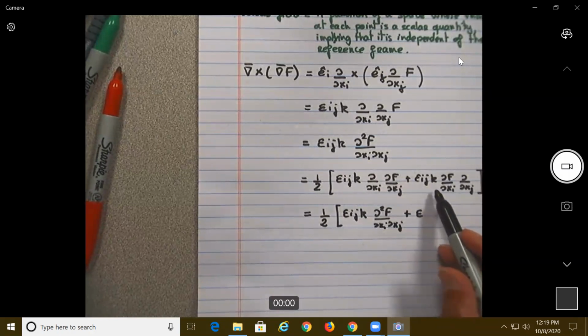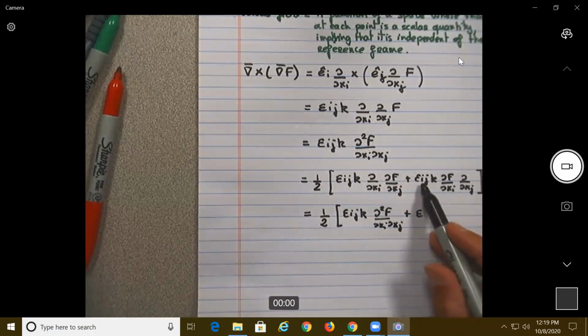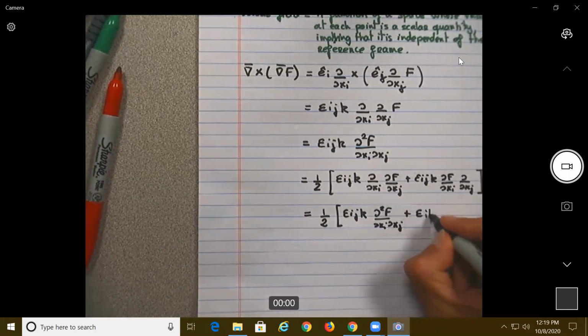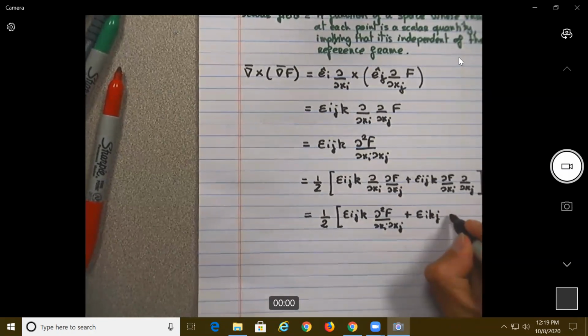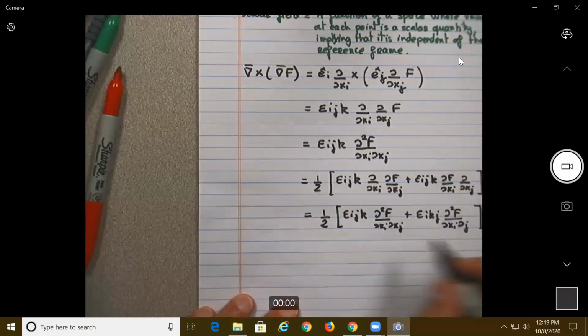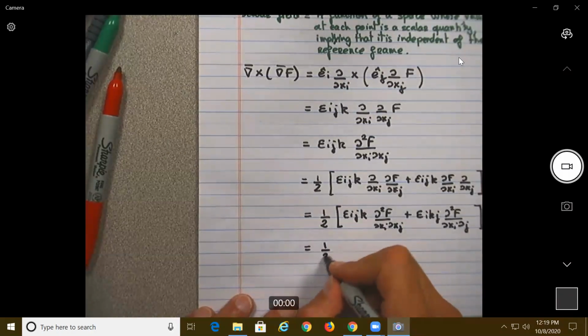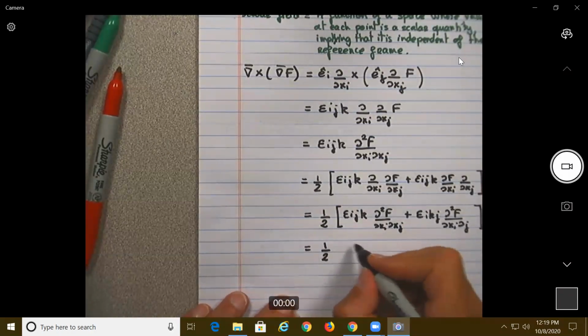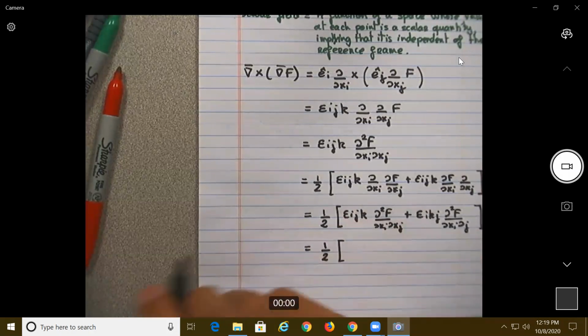Jik or ikj. It's ikj of partial of f, partial x_i x_j. So basically you end up with 1/2 of this will be positive.